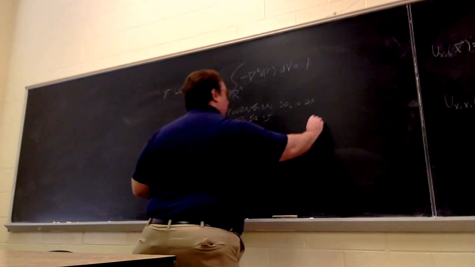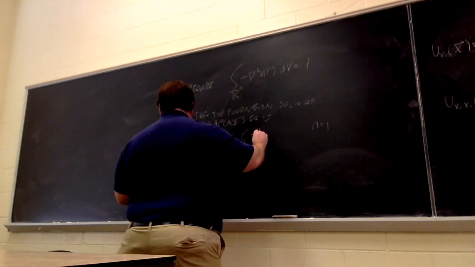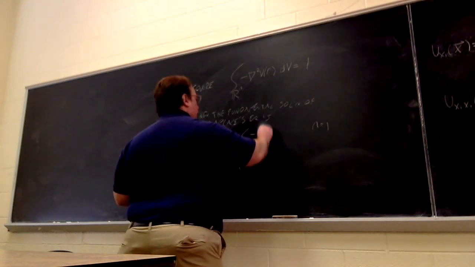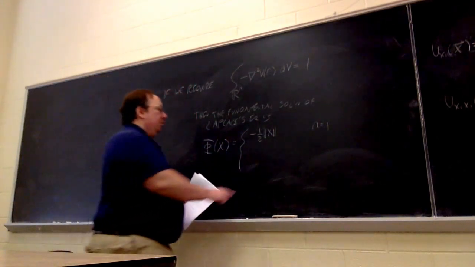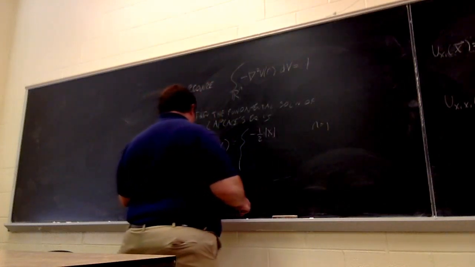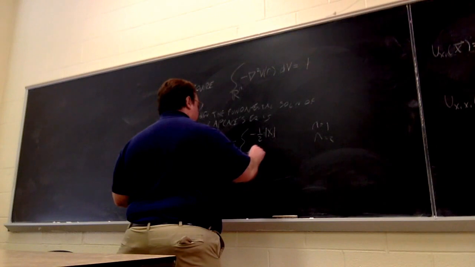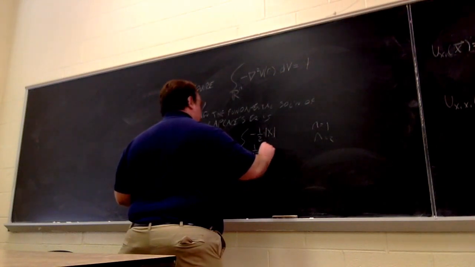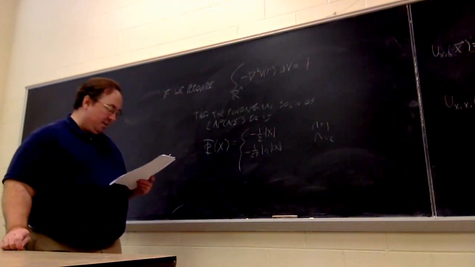So for n equals 1, we have, well, in place of r, I'll write the magnitude of x. But in that case, in one dimension, that's just the absolute value. For n equals 2, I have minus 1 over 2 pi natural log of the magnitude of x.